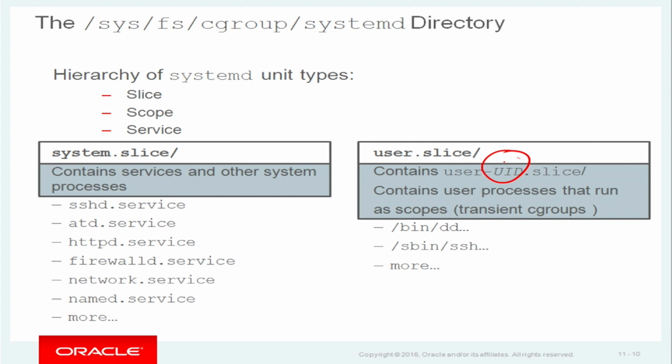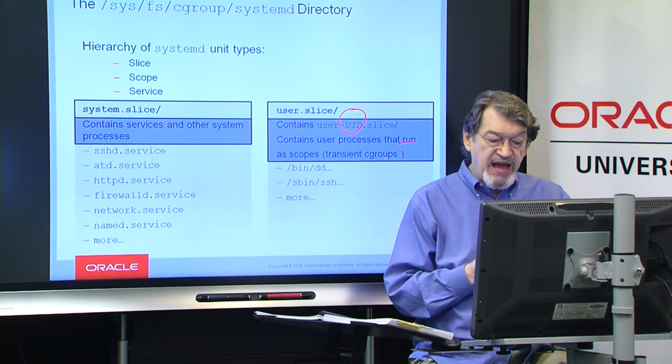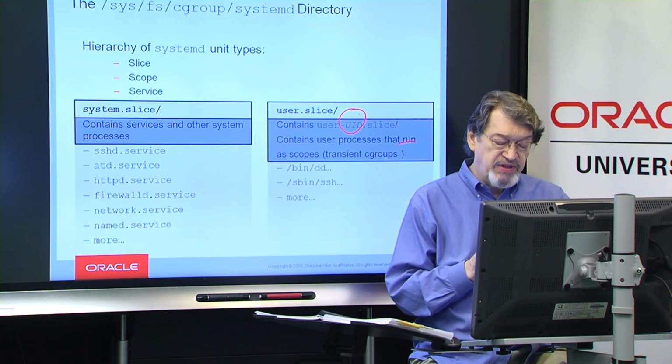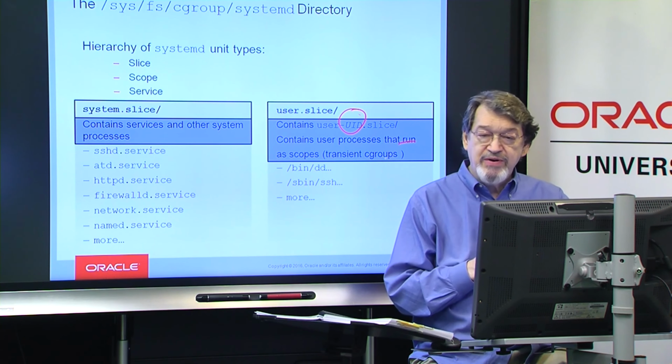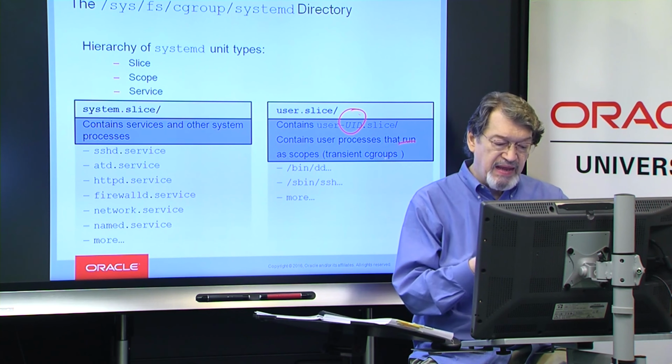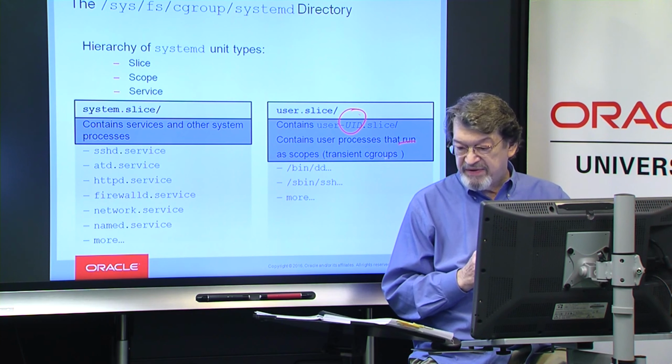And so you'll have a user-1000.slice, and it contains the current processes that run as scopes in the transient C groups. I could be running the /bin/clear command, or under the secure bin directory, I could be running sshd, connecting to another remote server. And once again, there are others down there at the bottom.